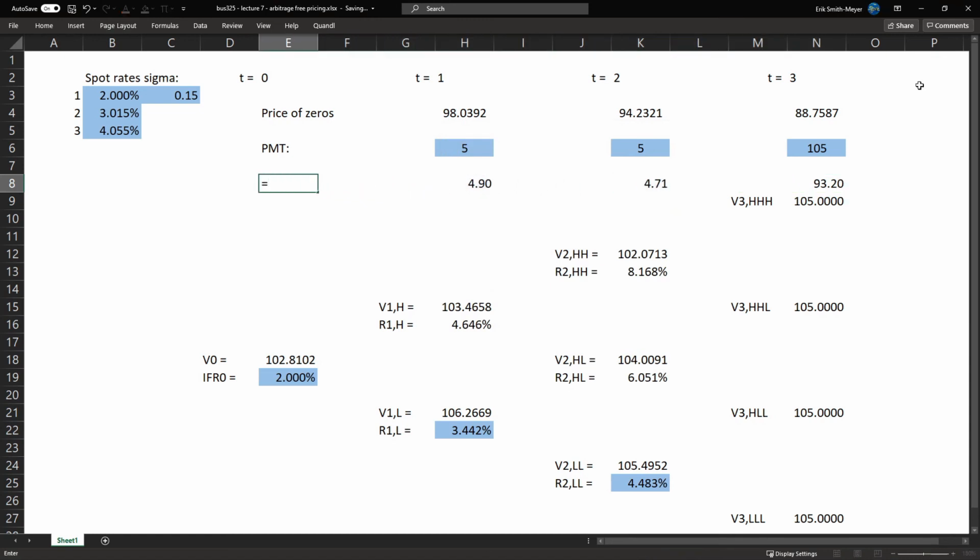And we can just say this is the sum of these numbers. Okay? And coincidentally, the classical method gives us the same value as our tree. So now we know that our interest rate tree is actually arbitrage free.